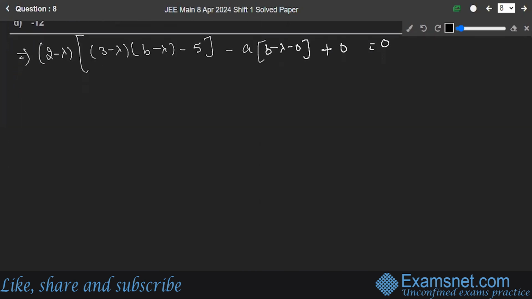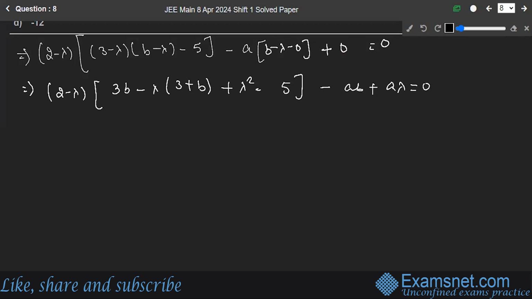Now let's open up the brackets inside. You will have here 2 minus λ, and this will be 3b minus λ. I'm taking common 3 plus b λ² minus 5 minus ab plus a λ is equal to 0.